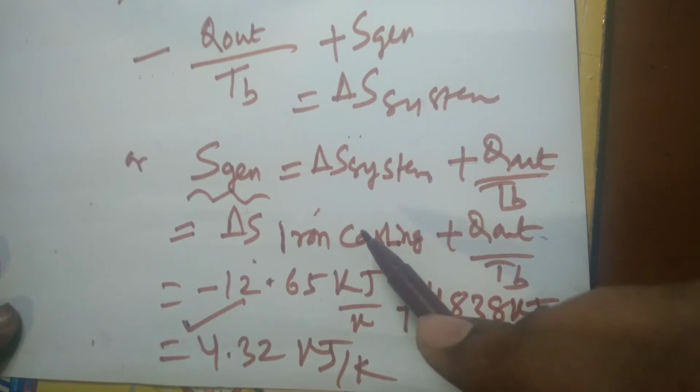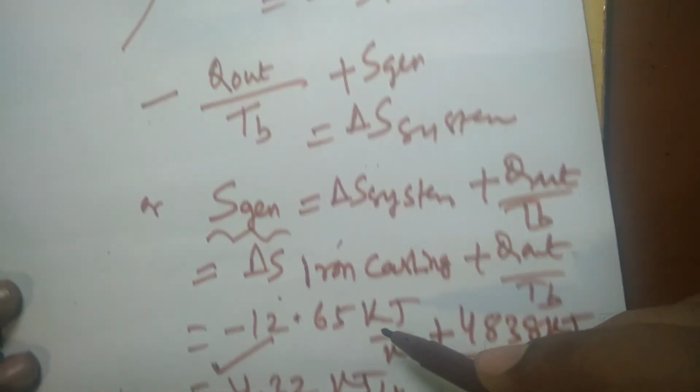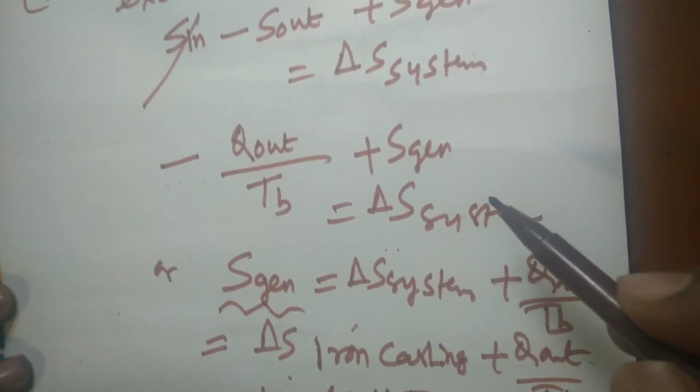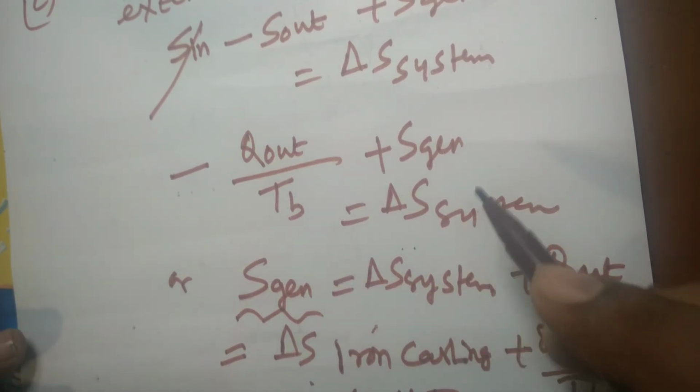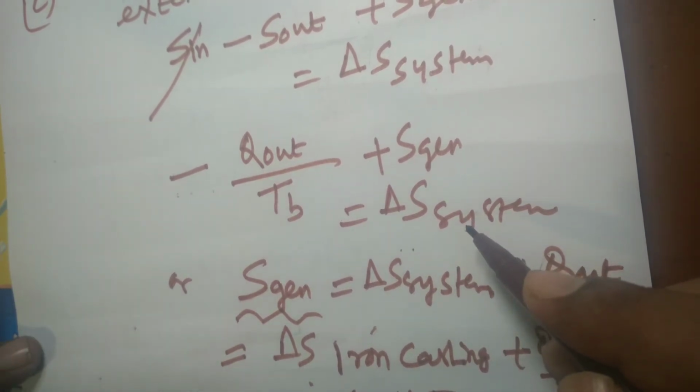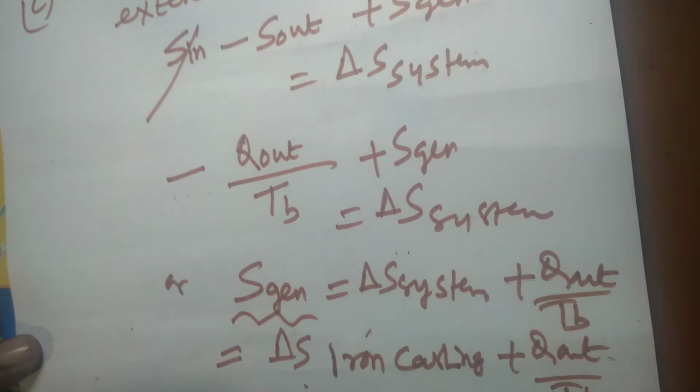In case of an ideal process, entropy generation is zero, and this whole problem can also be solved another way. This entropy generation can also be calculated by taking the iron block and the entire lake as the system, which is an isolated system.